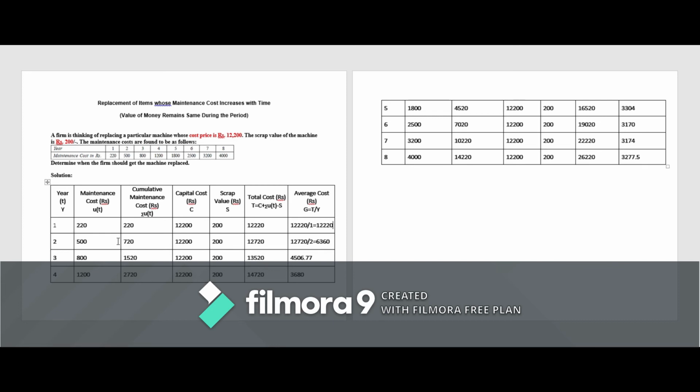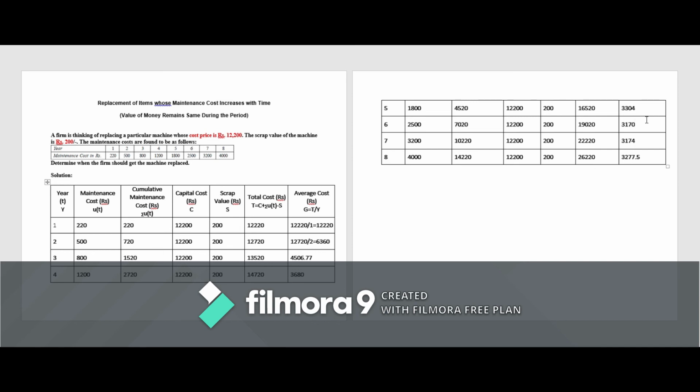In the second year, the maintenance cost is 500 and the average cost is 6,360, and for the third year the maintenance cost is 800 and the average cost is 4,506 rupees. Proceed as it is. For the fifth year, the average cost is 3,304. For the sixth year, the maintenance cost is 2,500 and the average cost is 3,170.